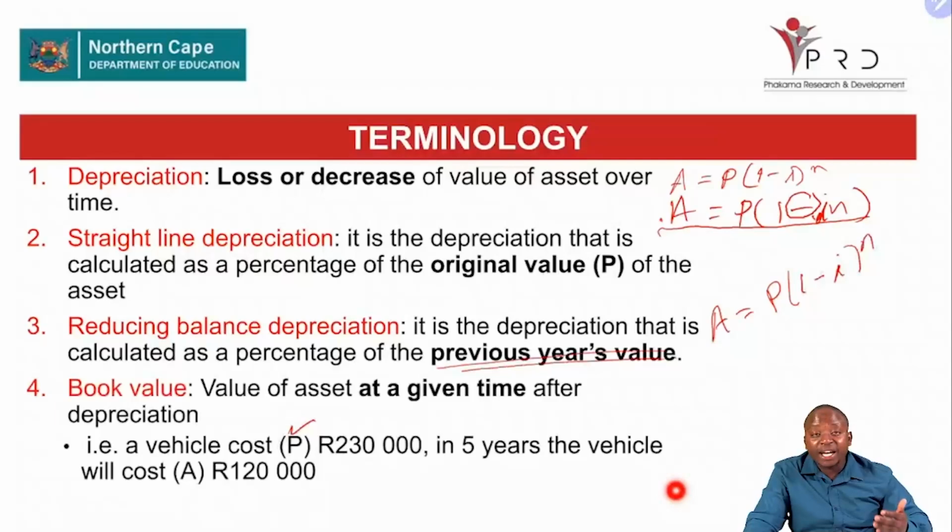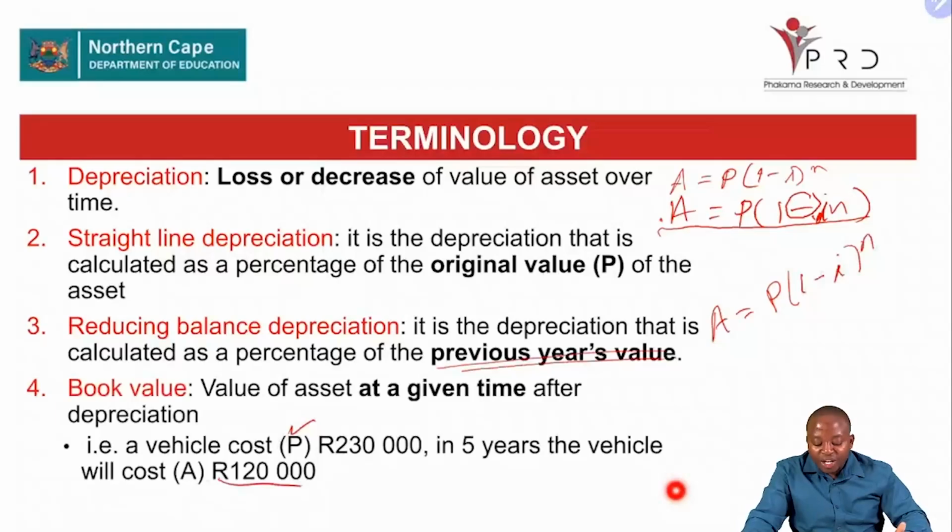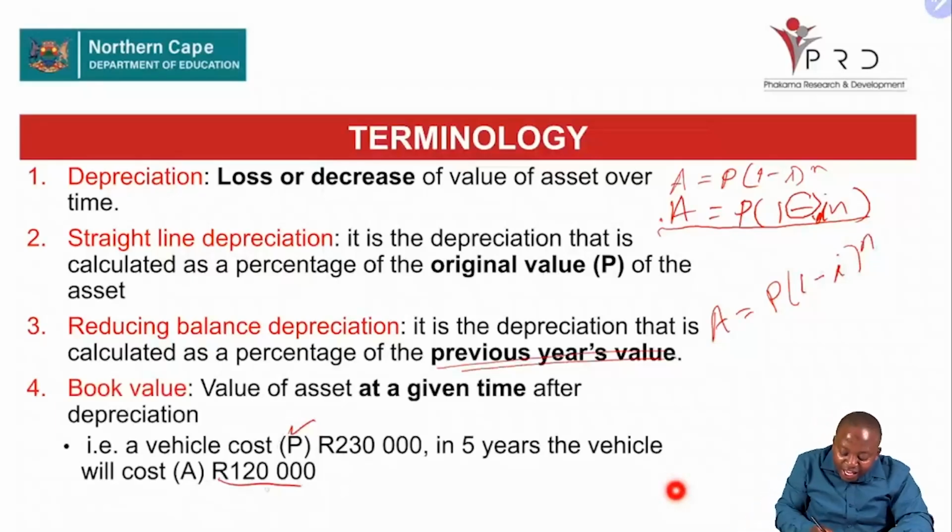How much can I sell the vehicle for? I can only sell it for 120,000. So the asset has lost value from 230,000 and it went down to 120,000. So in the present, I buy it at 230,000, then the 120,000 will become my A.